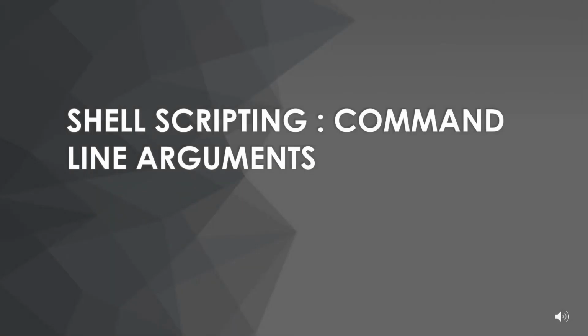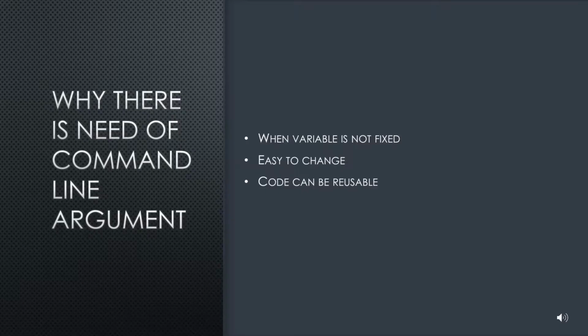In this video, we'll see about the command line arguments. Before going towards the lab, you need to understand why there's a need for command line arguments. They are very usable when there's a variable that is not fixed. Second, it's very easy for us to change, rather than going to the code and changing the variable name.